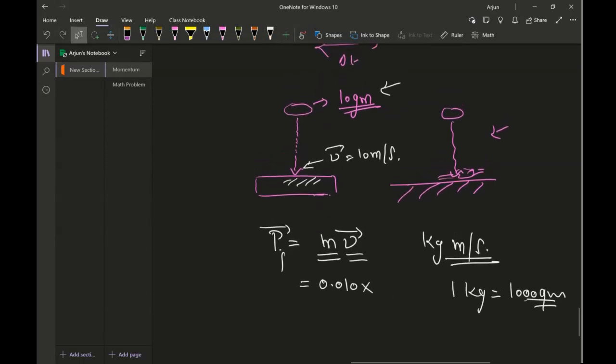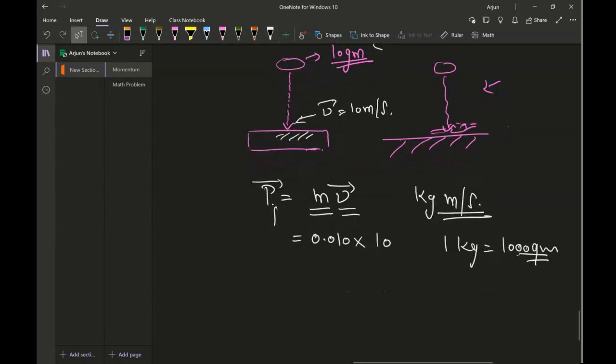And velocity, in this case, is 10 meters per second moving in the downward direction. Because it is moving in the downward direction, I can use the negative sign. This is down, so this is negative. So if I multiply both of them, it will be equal to negative 0.10, the initial momentum.